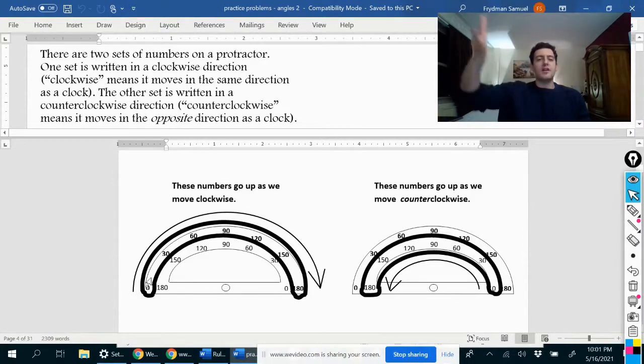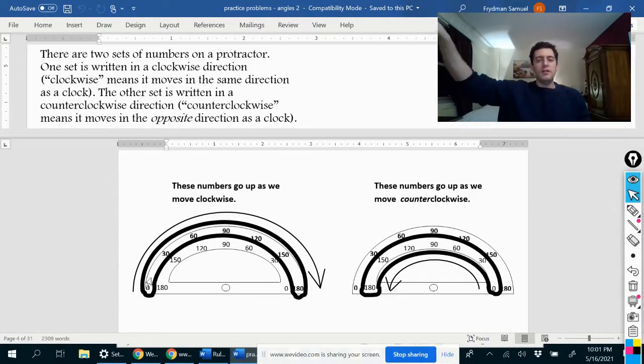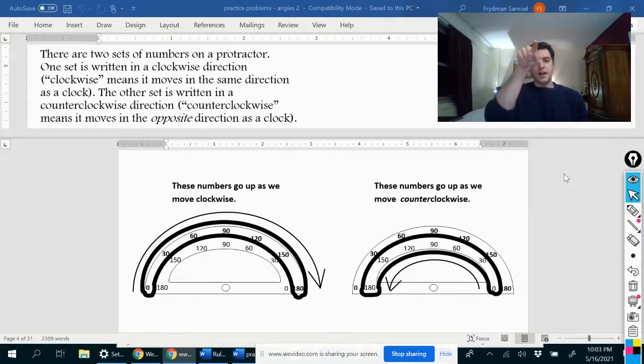So think of the clock on the wall of all the classrooms, which I know that you look at intently for the last 5 minutes of the school day, just hoping, can we get to the end of the day already? All right, so think of how that clock moves. That clock would move this way, and that is called the clockwise direction.